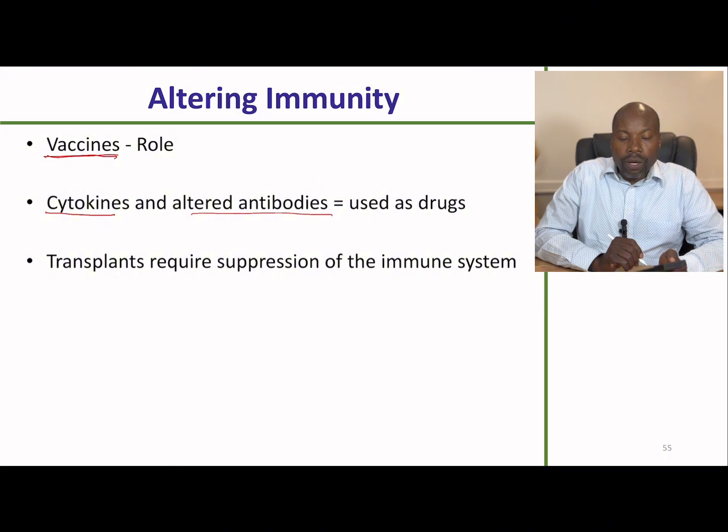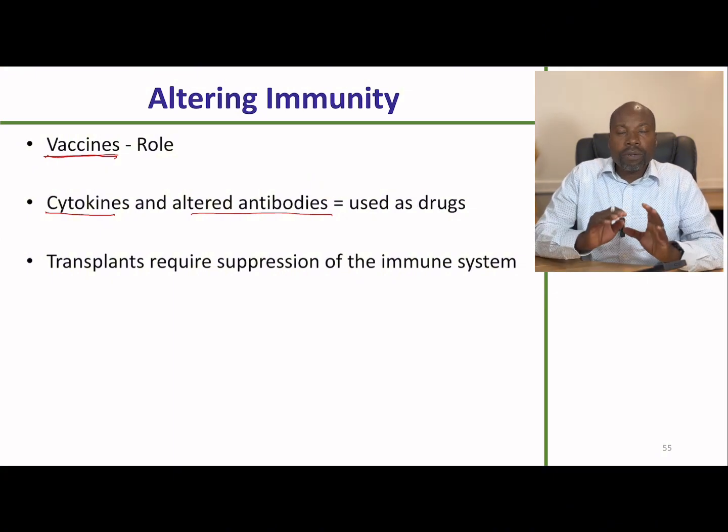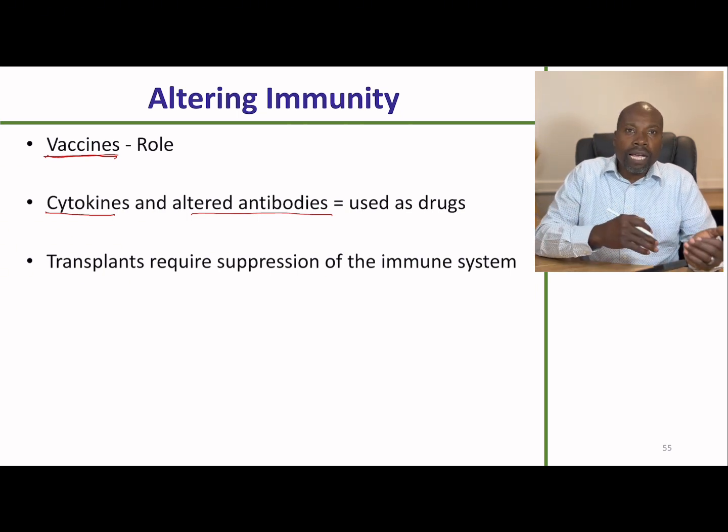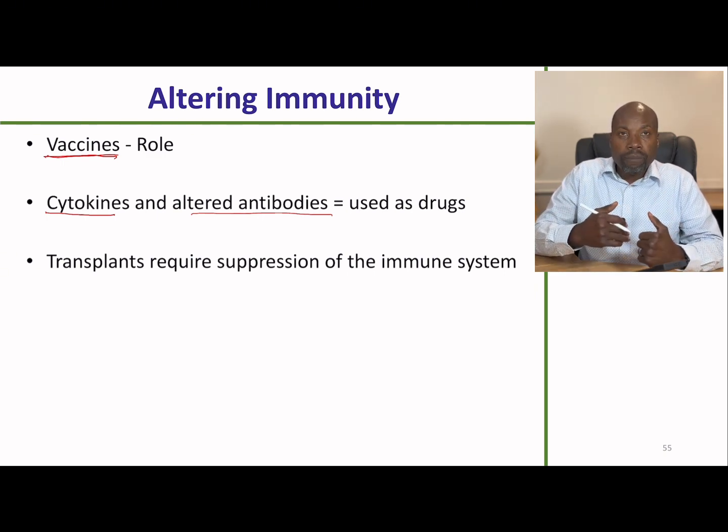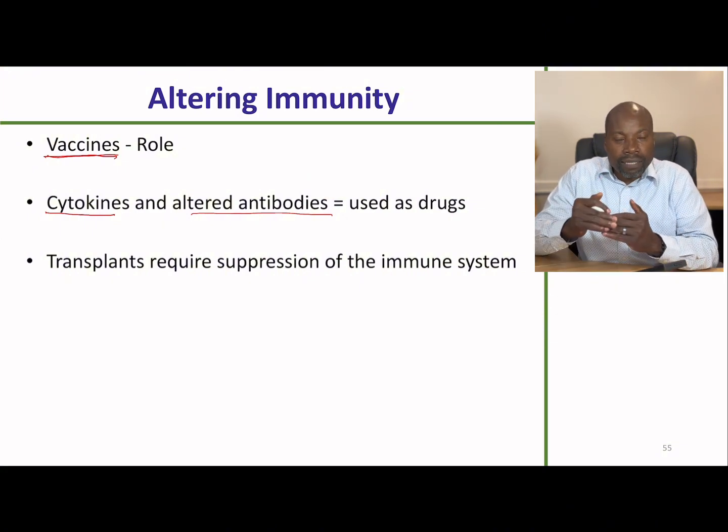Then we have an alteration of our immunity when we receive transplants of organs or tissues. When we receive a transplant of an organ, we have to care about the compatibility.